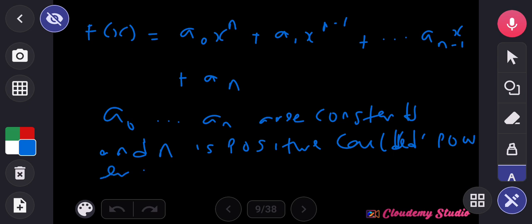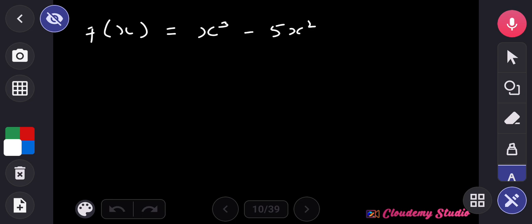Now, let's give ourselves an example of a polynomial function. Let's say f of x equals x to the power 3 minus 5x squared plus 11x minus 15. This is a very good example of a polynomial function.